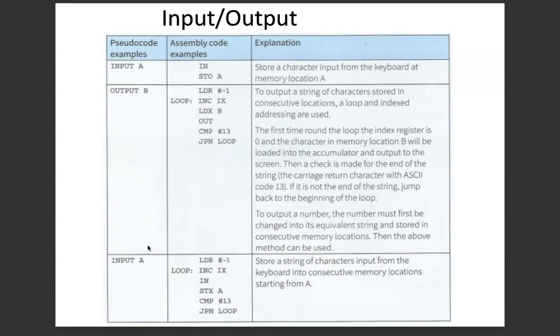Similarly, I may want to save a whole sentence or a word or multiple words as well. In which case, I will use the same technique of looping through the index positions until I have reached the end, the carriage return. If I have reached the carriage return, that's the end, no more jumping.